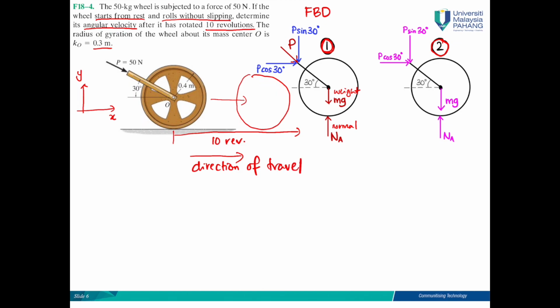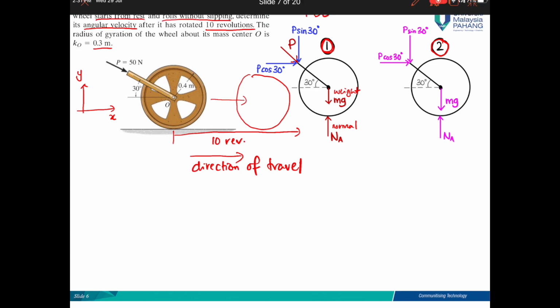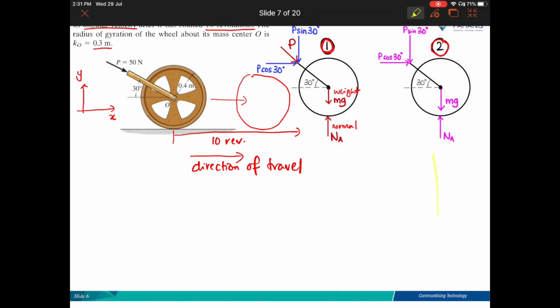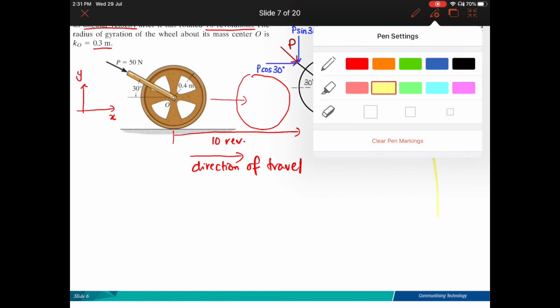If you look at the forces acting on the wheel, you will see that the force mg, as well as the force Na, as well as the force P sine 30 is not doing any work.